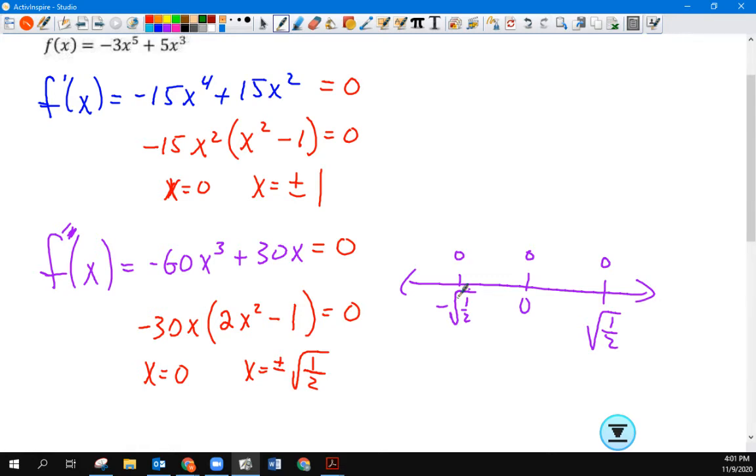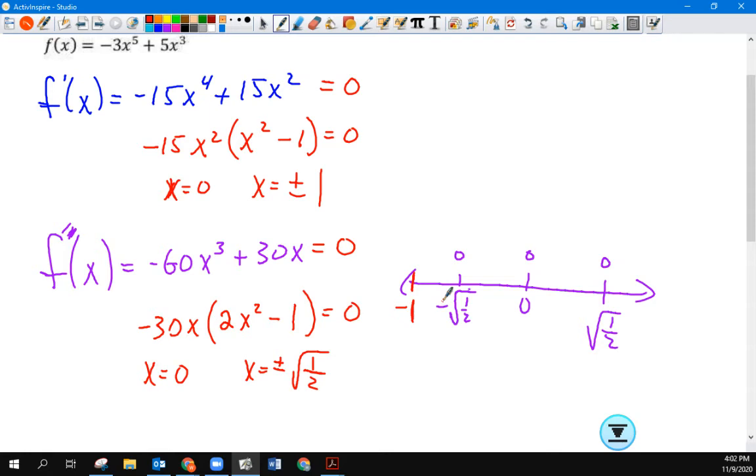If you remember from your trig, the square root of 1/2 is basically 0.707, so it's less than 1. It's basically the square root of 2, which is 1.414, divided by 2, which is 0.707. So when I go to pick my numbers, right here, I can pick just negative 1, because that's bigger than the square root of 1/2.